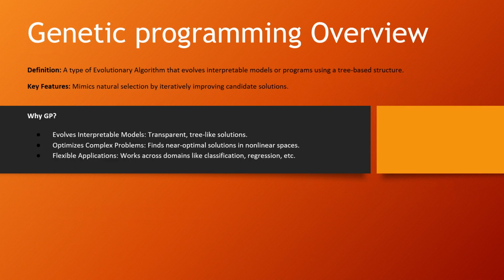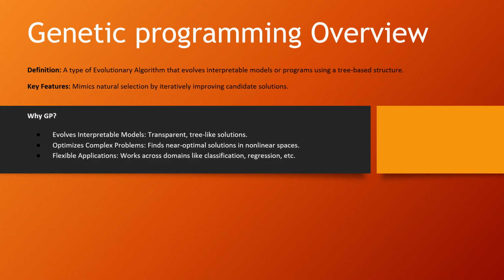Hello, this is Srilakshmi continuing. Let's see what genetic programming actually is. It's a type of evolutionary algorithm that evolves solutions in the form of tree structures. Let's think of it as a process inspired by nature, where solutions compete and improve over time, much like survival of the fittest.